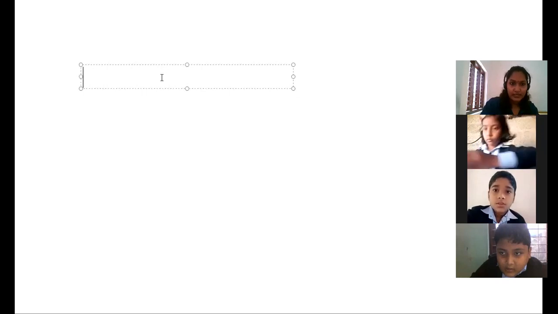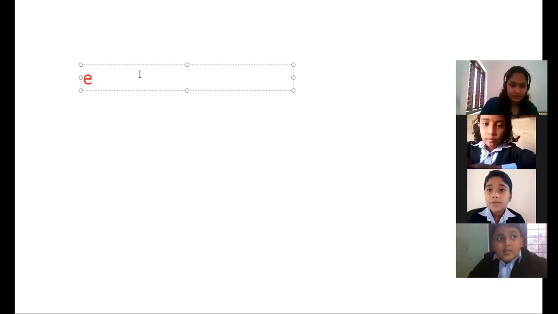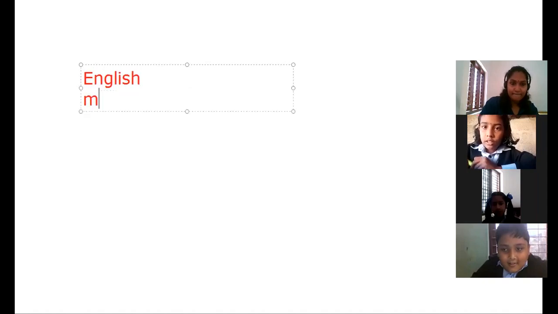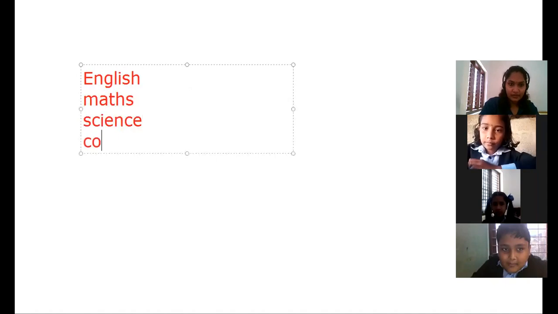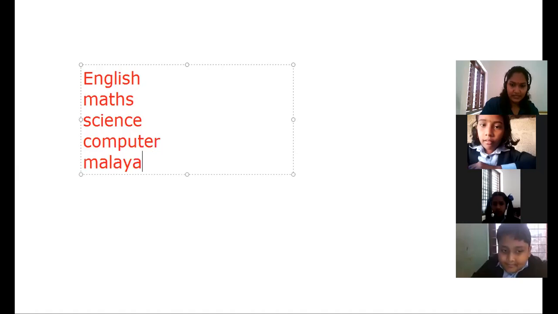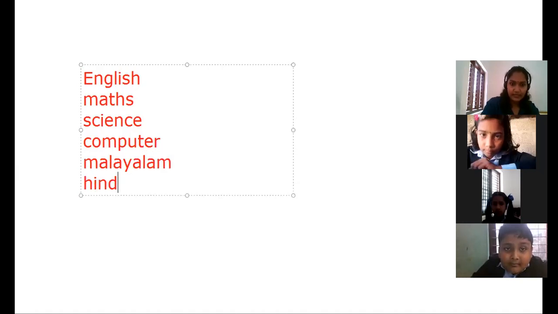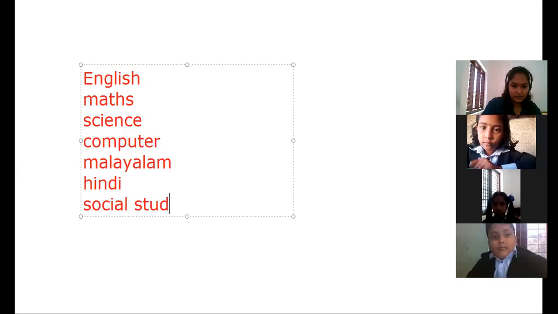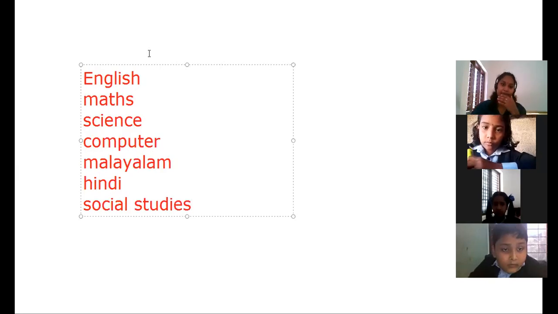English, Maths, Science, Computer, Social, AI, GK, Hindi, Malayalam.